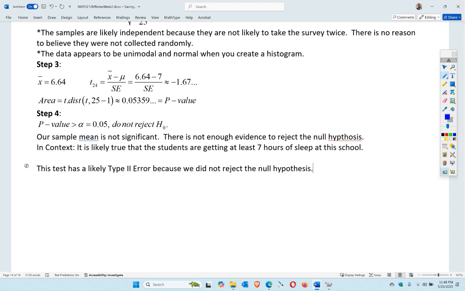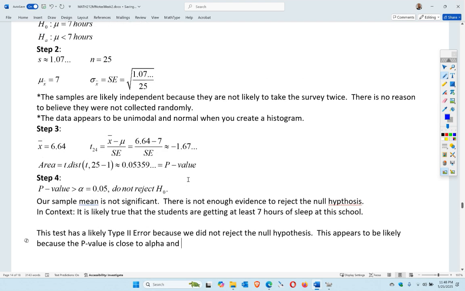Maybe we should have, right? This appears likely because the p-value is close to alpha. So look, 0.053, 0.05, that's really close.